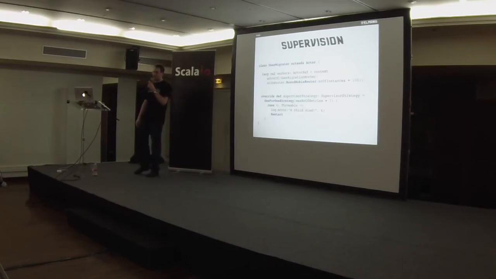There's no all for one, not one for all. I'm getting confused with the D'Artagnan kind of musketeer thing here. But mainly there you say, I want just one actor to feel the consequence of it crashing, or I want to restart everybody because of that guy that crashed. So that depends. Here we just set it up with 3 retries and we restart after having logged that the child has died.